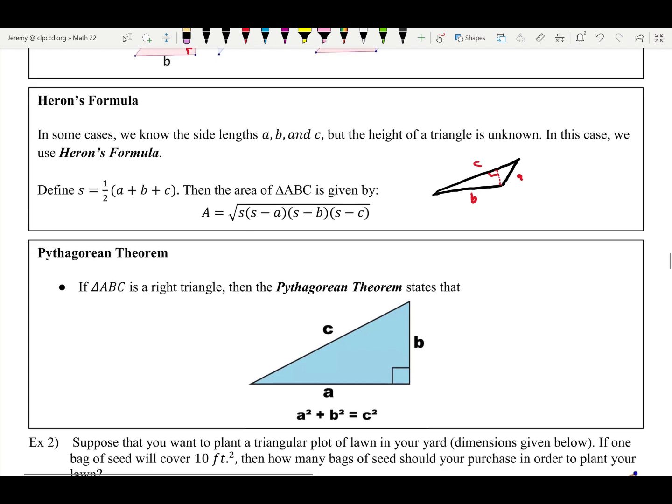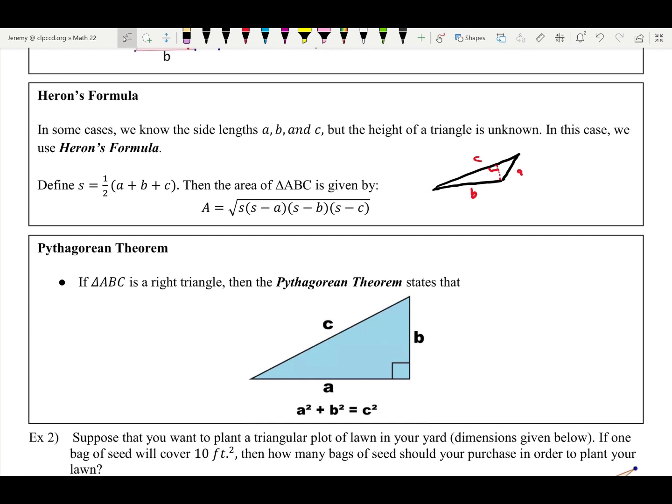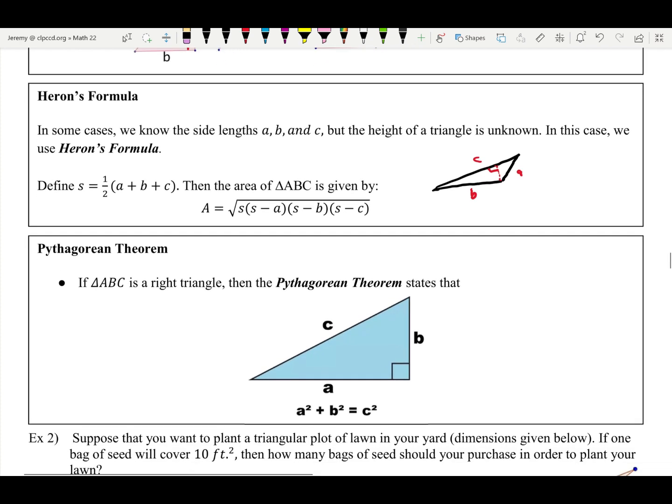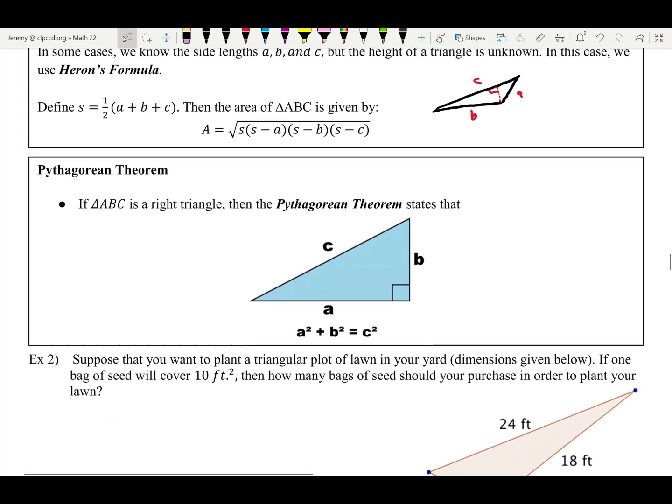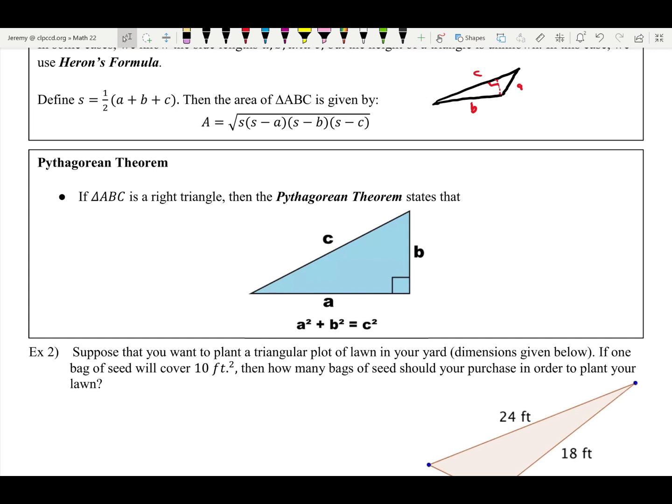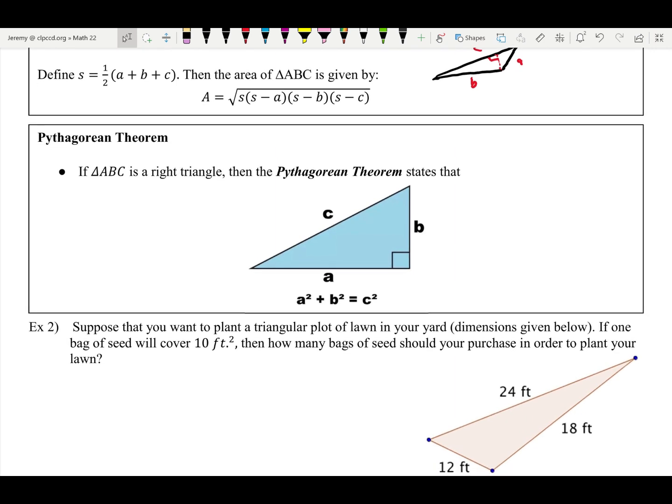All right, so not the nicest formula because we kind of have to do 2 computations. We have to find S and then use S in the area formula. But sometimes this is easier than finding the height of the triangle. So we'll have that in our toolkit. And one last formula I want to sneak in. This is most likely familiar to you.